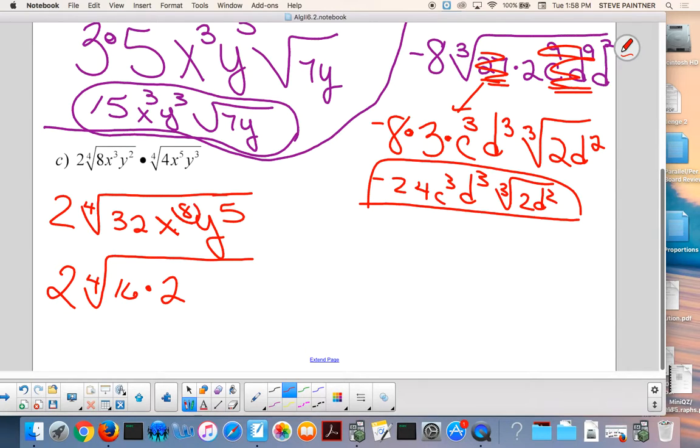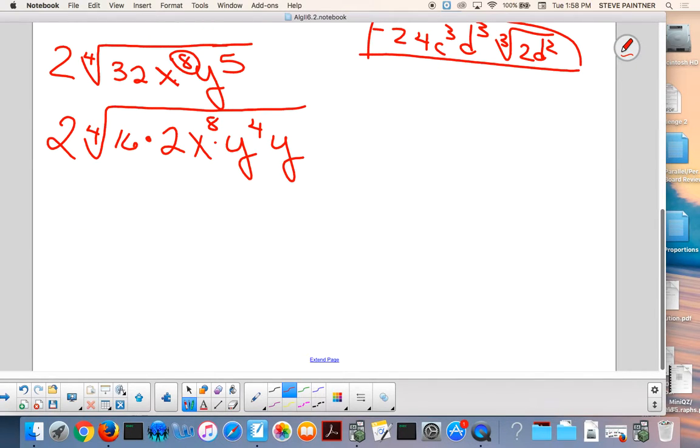Is 8 a good power? Yeah, don't change it. Y to the 5th? No. Change it to what? Yep. This one, now be careful. What's the fourth root of 16? A lot of students put what here? They do the square root, they put 4. Okay, this is going to be x to the 2nd.